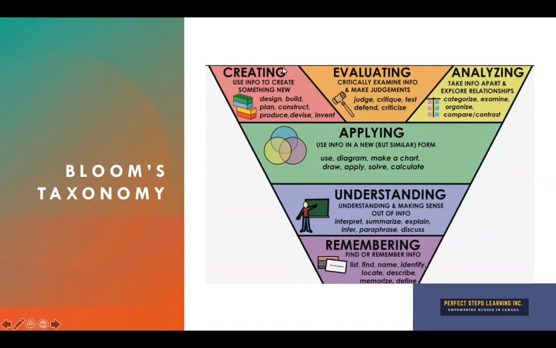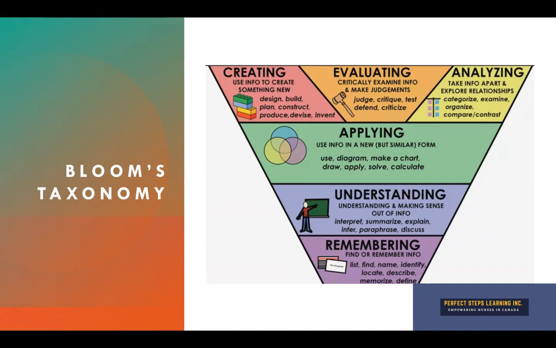As you can see, this is an inverted triangle, which starts with the very basics of Bloom's taxonomy, which is all about remembering. So you learned something and now it's time for you to memorize it, to remember the concept. With respect to the nursing exams, this remembering would most likely be about recalling information.